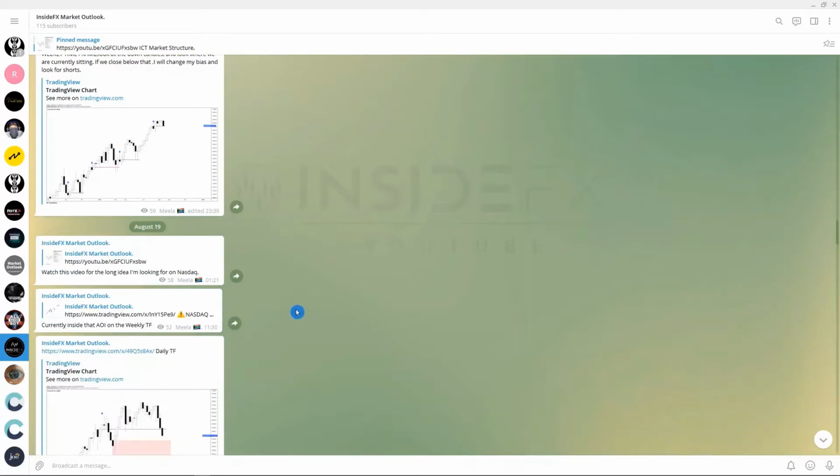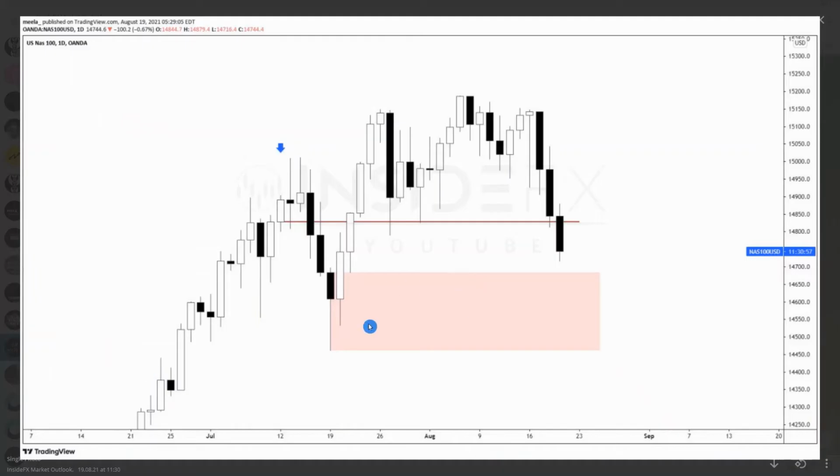All right, so this was on the daily time frame. The red line is the order block which I marked out, and this was the daily time frame area of interest which I also marked out, but price does not have to get there, right?